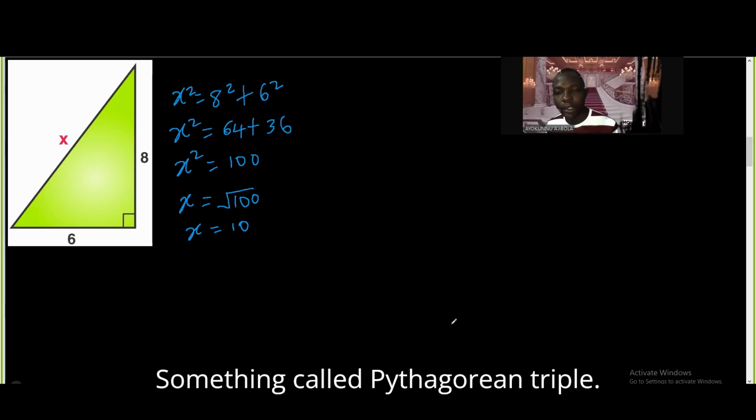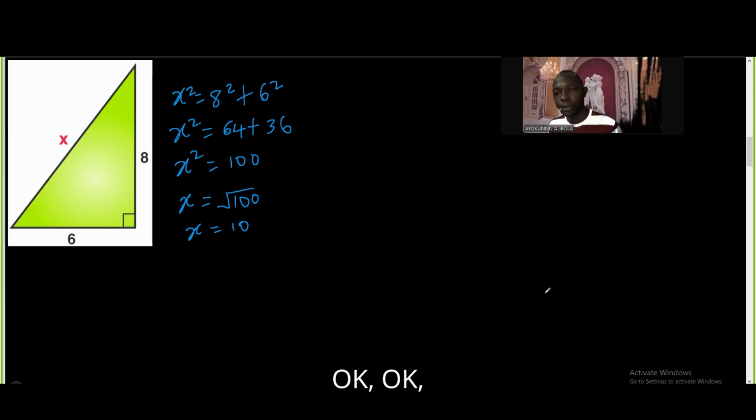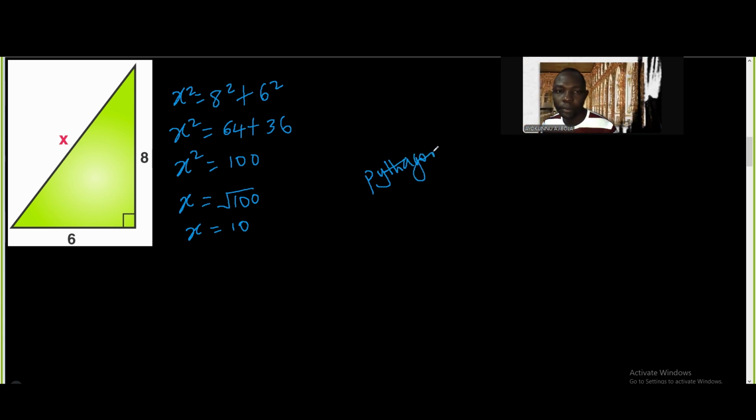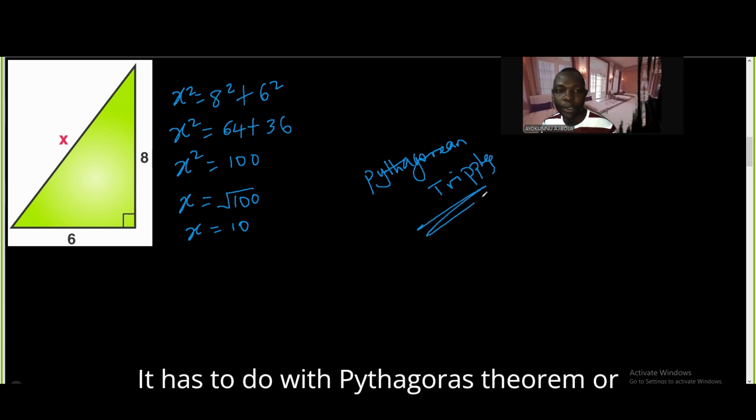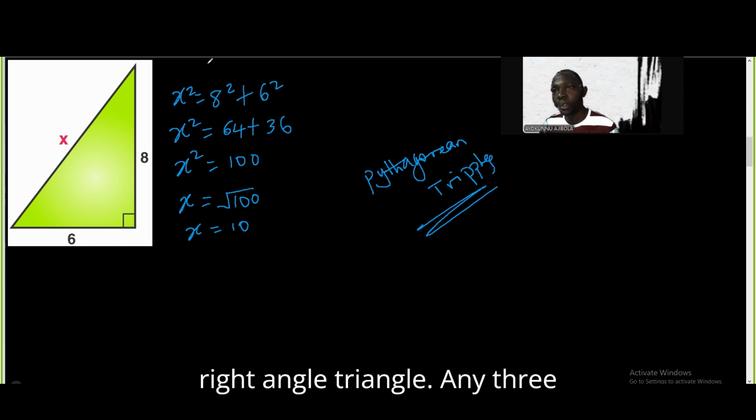Something called Pythagorean triples. It has to do with Pythagoras' Theorem or the right-angled triangle.